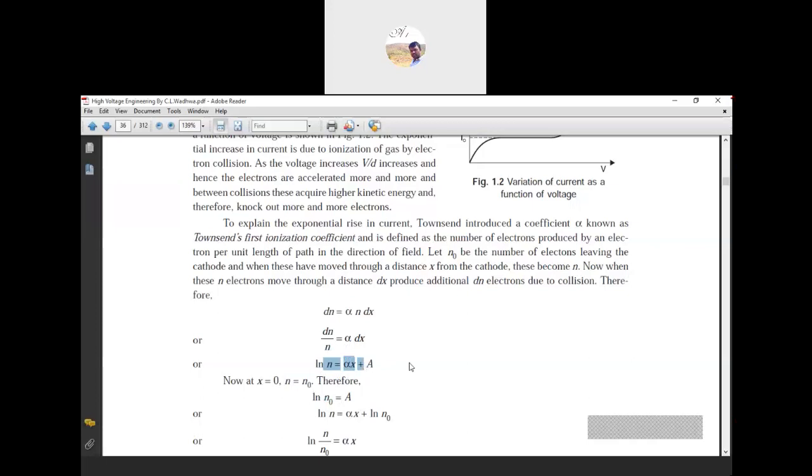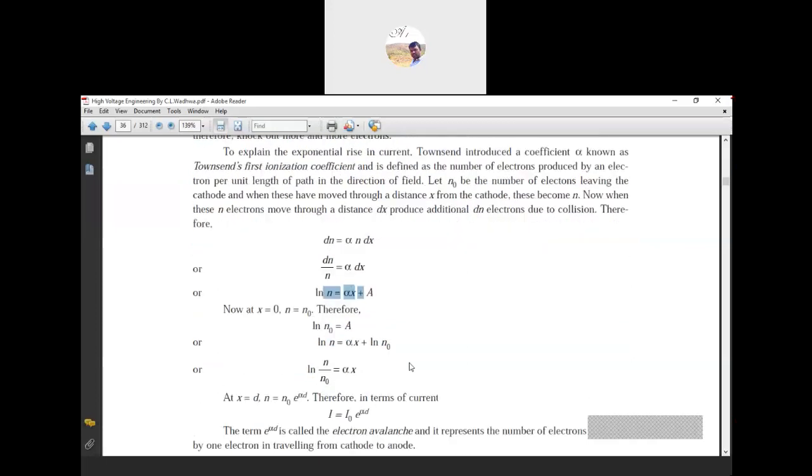We apply the initial condition, that x is equal to 0 and n is equal to n naught. So in this initial condition, log n naught is equal to a, and log n is equal to alpha x plus log n naught.